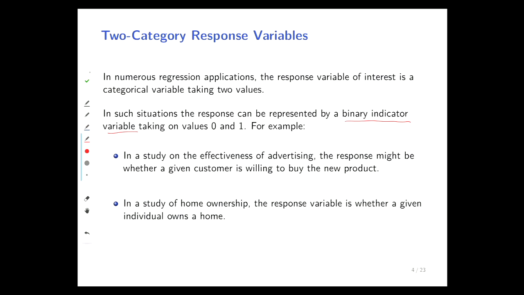So I give 2 examples. The first example here is that in this study of advertising, we can consider this variable whether or not a customer is willing to buy the new product. So we can consider this response variable y equals to 1 if a given customer is willing to buy, and 0 if not willing to buy.